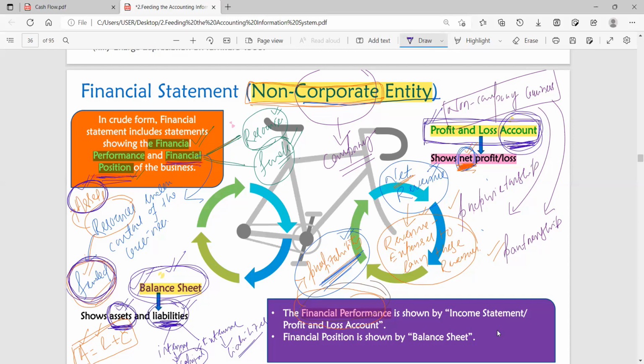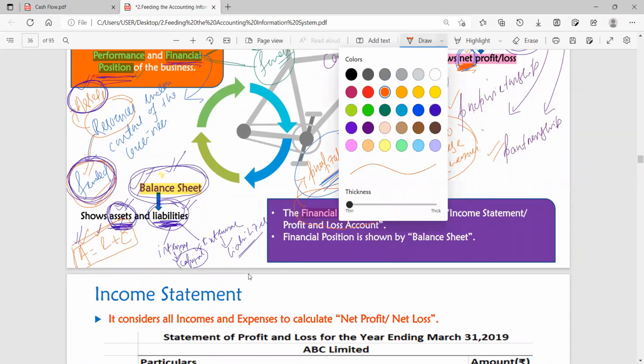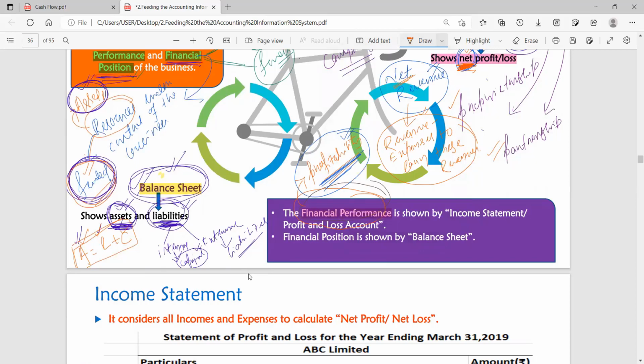I also explained clearly the relationship between assets and liabilities, that is the equation where we present asset equal to liability plus capital, and that is a very familiar accounting jargon, the accounting equation. So this is the relationship between asset, liability, and capital.